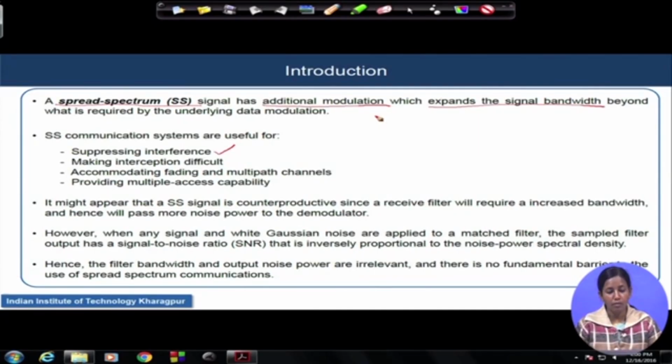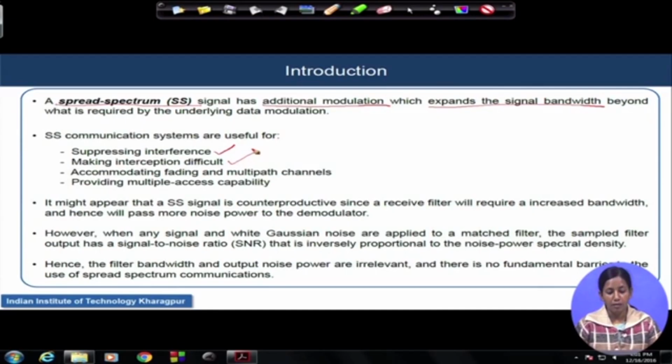The bandwidth of the interference will be much less than the spread signal. It may be in the order of the actual data modulation bandwidth, but it is far less compared to the spread bandwidth. We will see later how this suppressing of interference happens only because of spreading the signal bandwidth. It also helps us in making interception difficult.